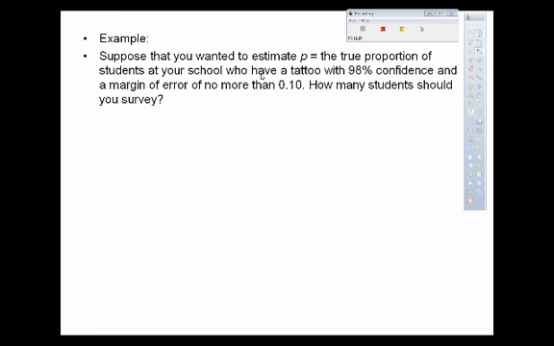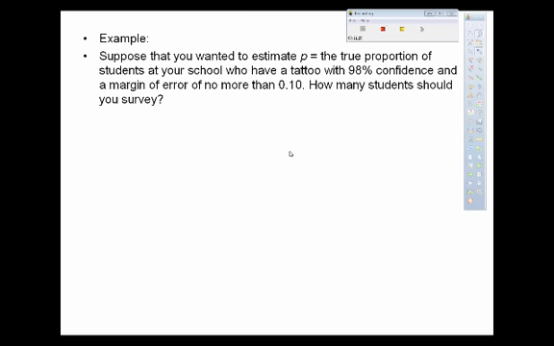All right, so here we go. Suppose you wanted to estimate p, the true proportion of students at your school who have a tattoo, with 98% confidence and a margin of error of no more than 10%. How many students should you survey?